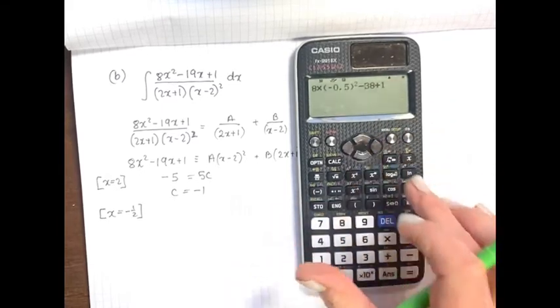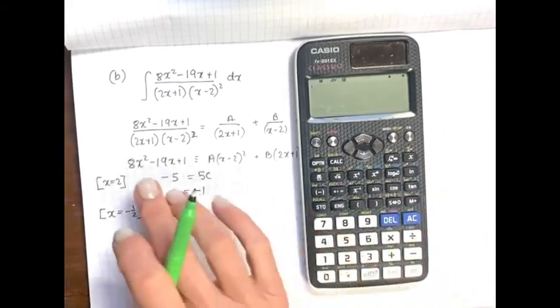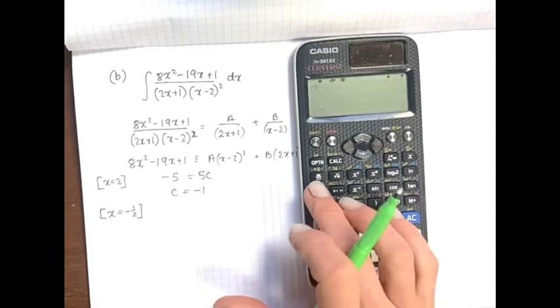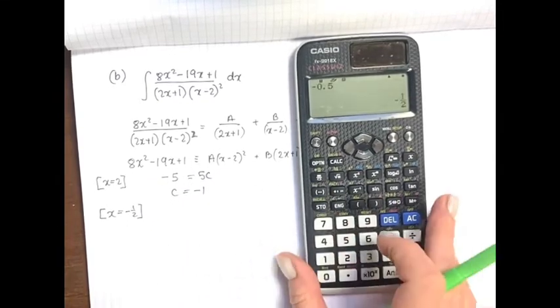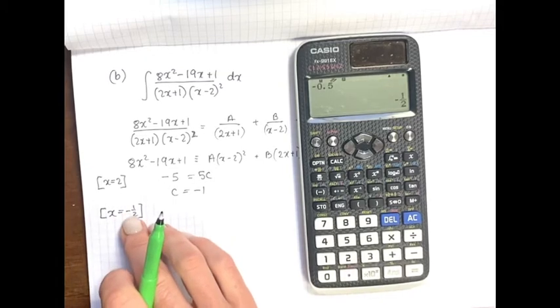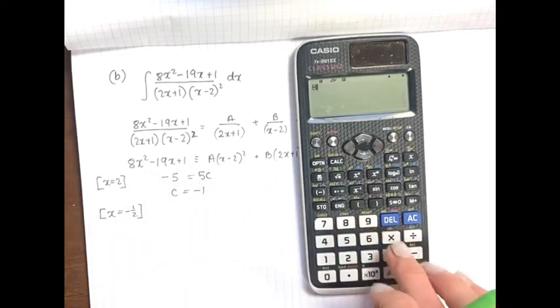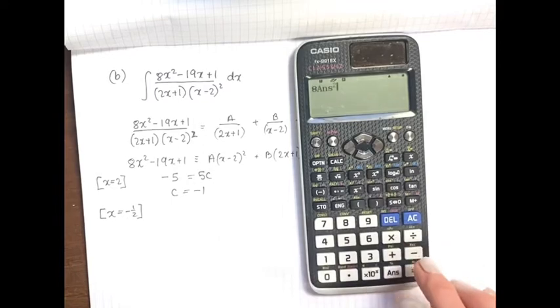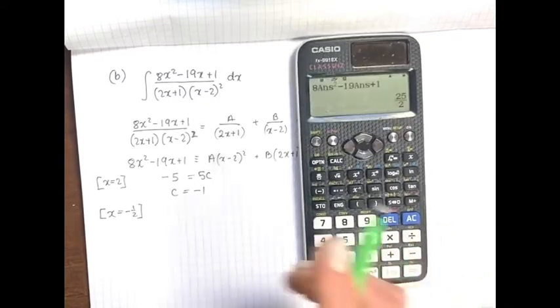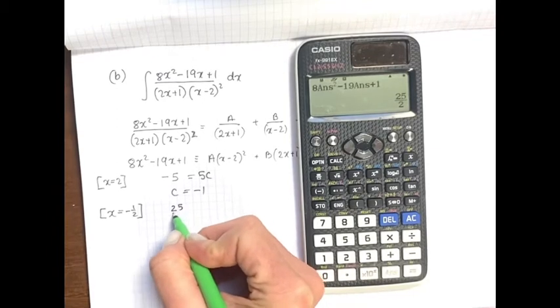Clearly not deleting it right. Well, let's just start again. Obviously, using the ANS key is the best, so let's just show you how to do it. Put minus 0.5 as ANS, and then do ANS squared minus 19 ANS plus 1. That's the quickest way. 25 over 2.